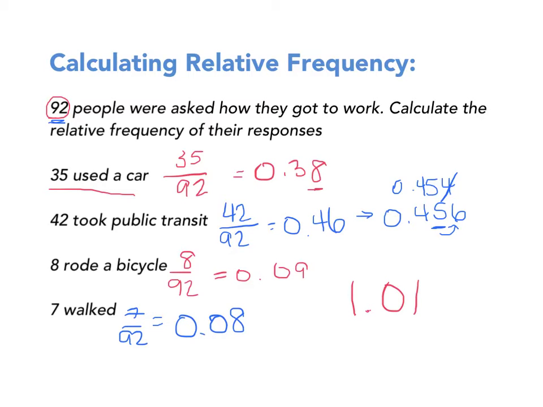The reason that we have this hundredth is probably because when we were rounding, we didn't round to the thousandths or the ten-thousandths place. We weren't super accurate, so it was off by a little bit. But you want to know that if you do relative frequency correctly, it should come out to about 1 once you add all your relative frequencies together.